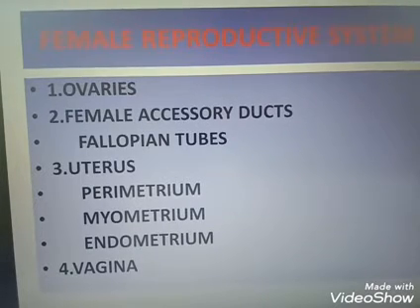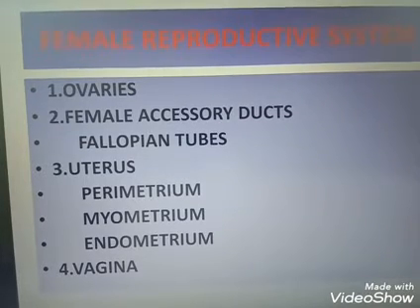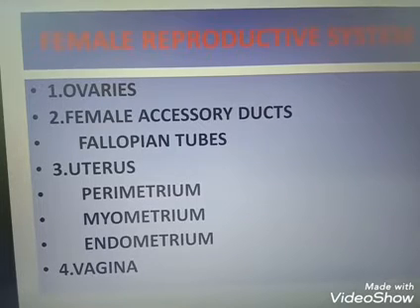Germinal epithelium is the outermost layer of the ovary, which is made up of simple cuboidal cells. Then the next layer is tunica albuginea.